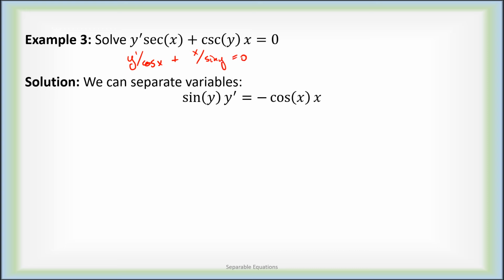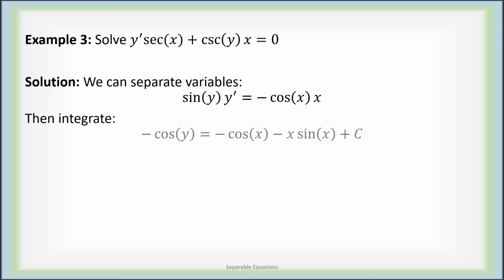Multiply everything by the sine of y to get sine y times y prime, cancel that out. Now multiply everything by cos x, which cancels this out, and you get cos x right there. Move this to the other side, and here we have it: sine of y times y prime equals minus cos of x times x. So there is our separation of variables.